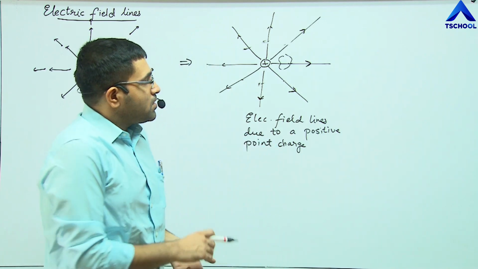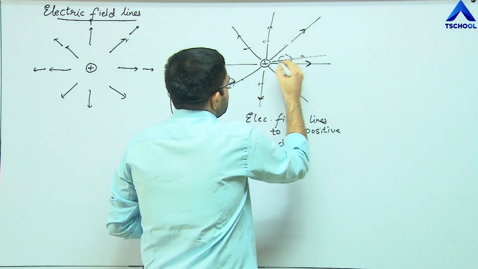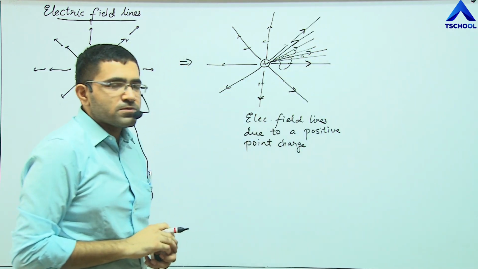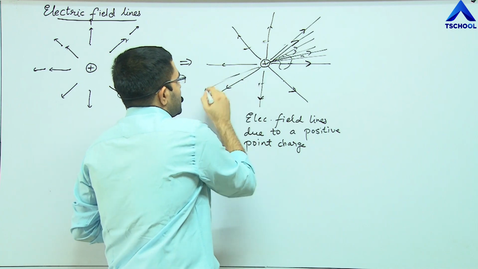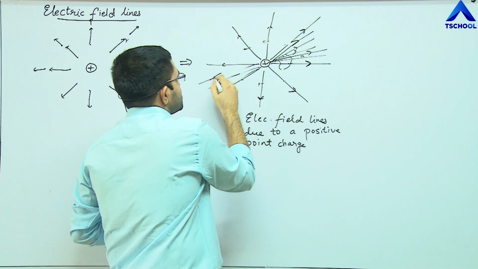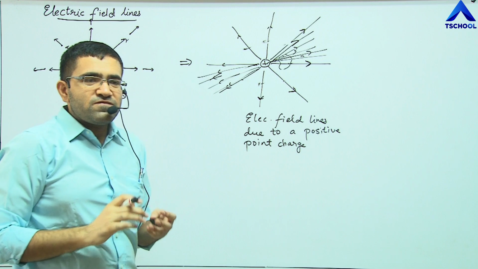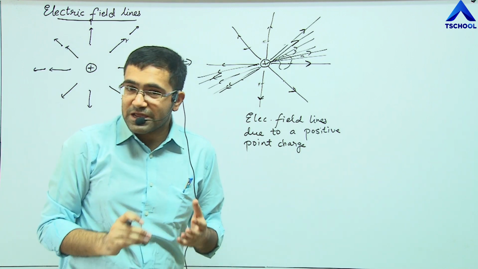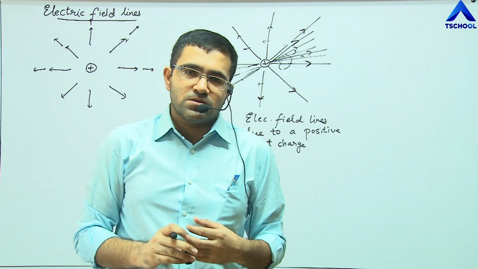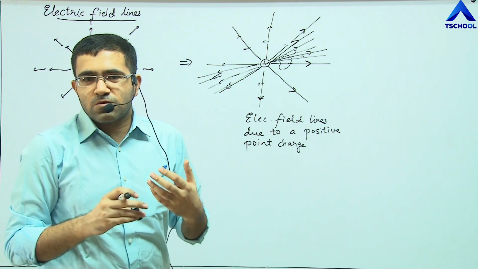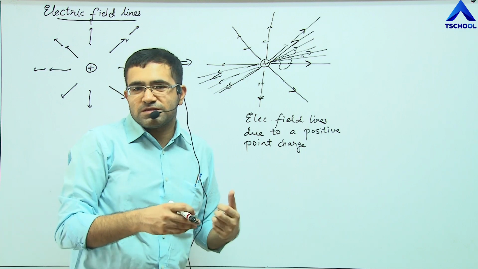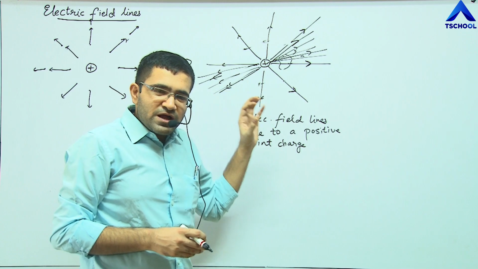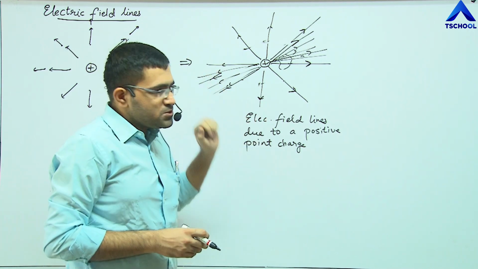We could draw 100 field lines between these two, something in this manner, and obviously the same way in all these spaces. So how many field lines do we draw? That's a big question, and like I said, it is up to us. We could draw more field lines, we could draw fewer, it's all up to us.